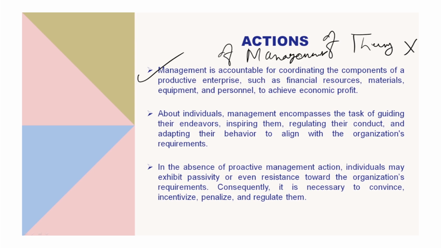The very first one is, management is accountable for coordinating the components of productive enterprises such as financial resources, material, equipment, and personnel to achieve economic profit. Now, it will be the responsibility or the duty of the management itself, or the organization itself, to coordinate the activity.